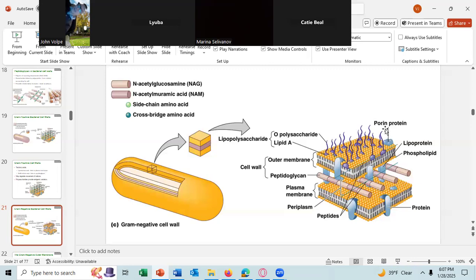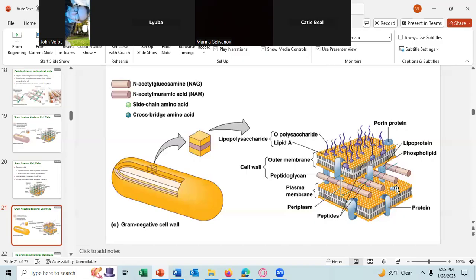So the porin protein acts differently than the proteins in the cell membrane, because in the cell membrane, we have one active transport for every molecule that the cell wants to move across the membrane. Meaning if we have glucose outside the cell, we will make an active transport protein to move the glucose into the cell. If we have lactose outside the cell, we'll make a separate active transport protein to make the lactose move inside the cell membrane.